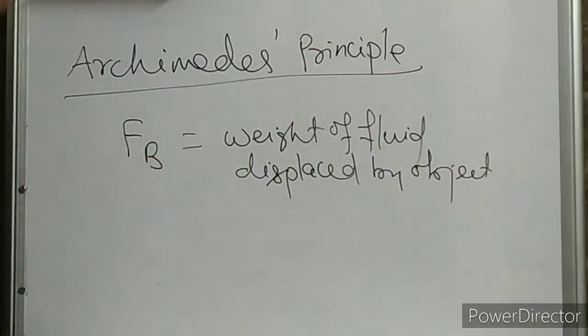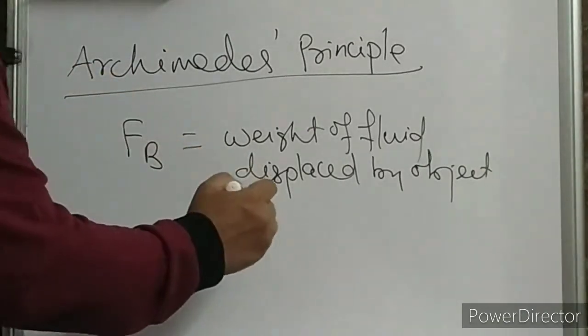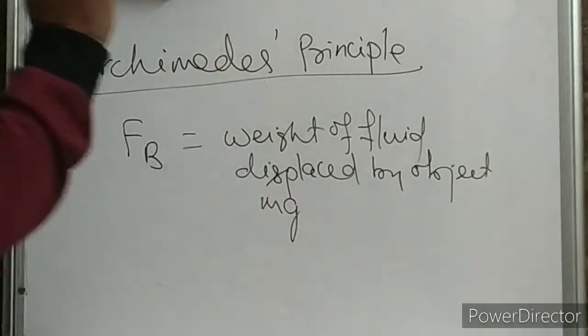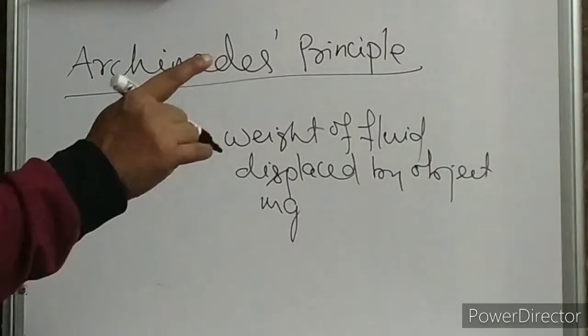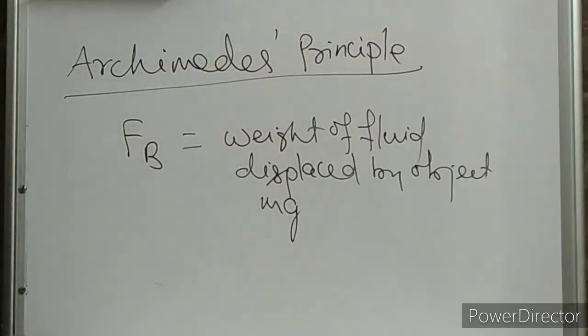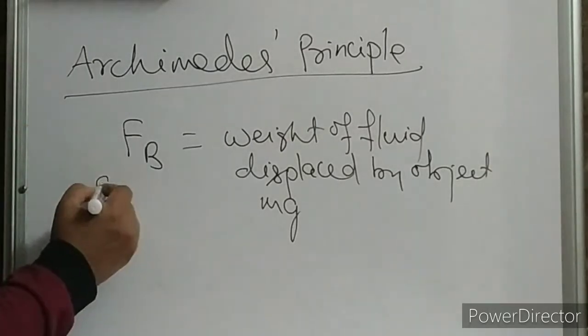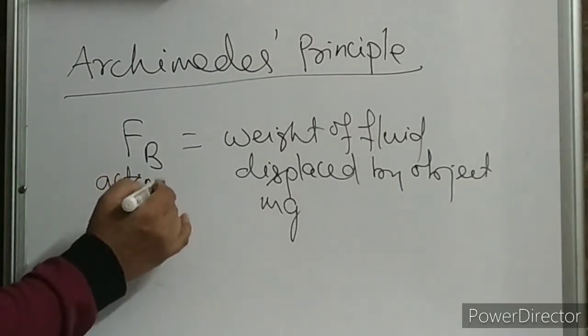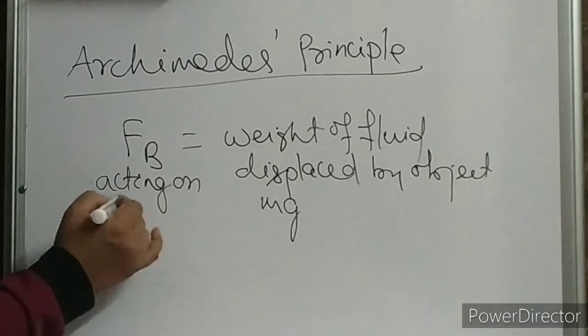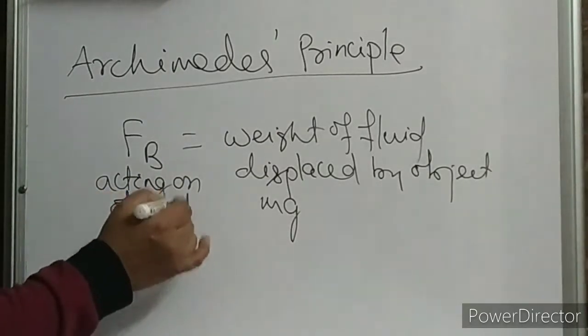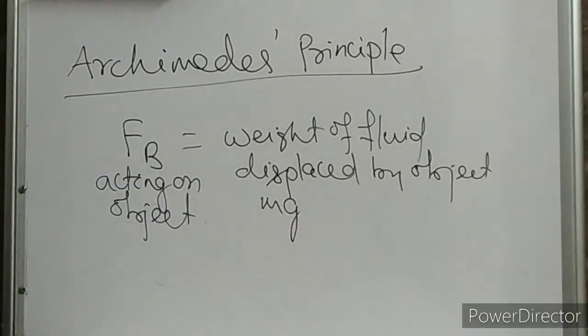And when the displaced fluid has mass, the weight will be mg. I have already proved it in my last lecture. Those who have not seen this proof, please go through the last video lecture. And this will be the buoyant force or upthrust acting on the object. This is your Archimedes principle.